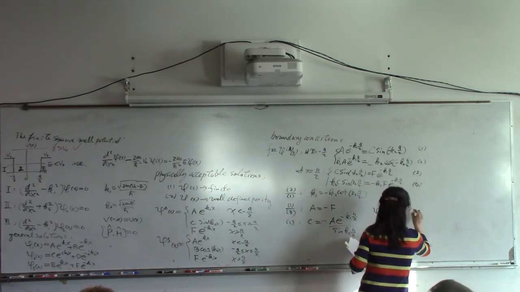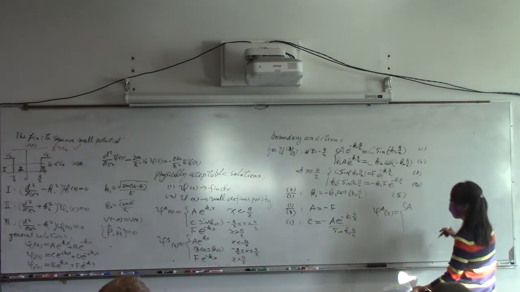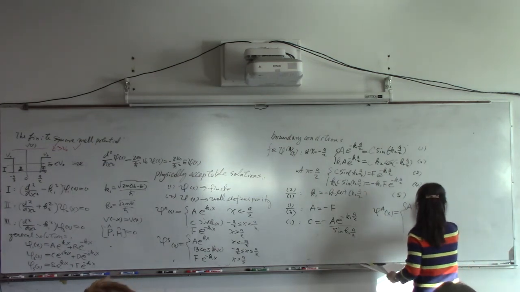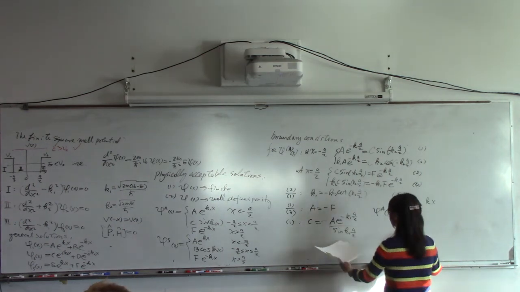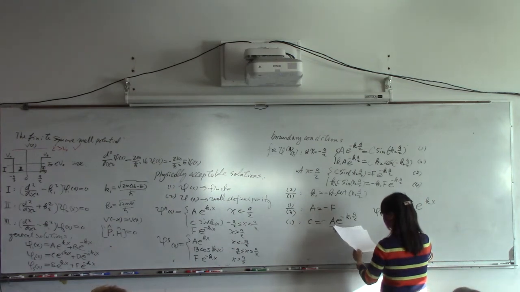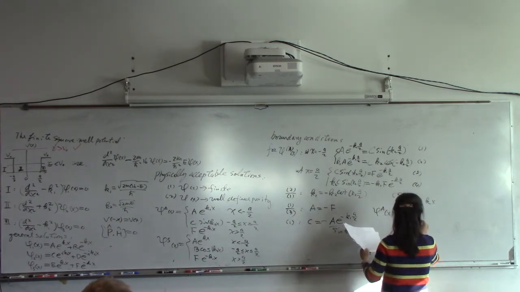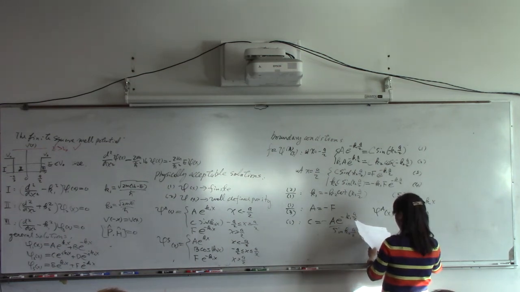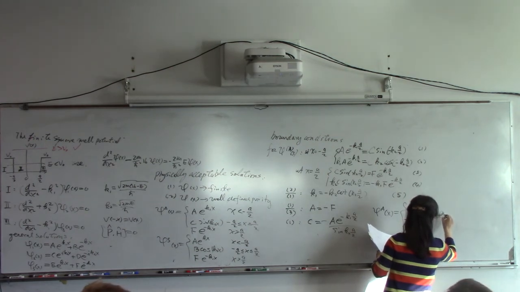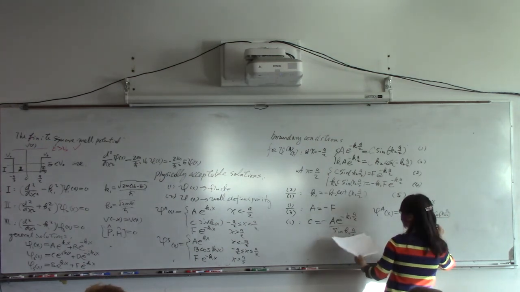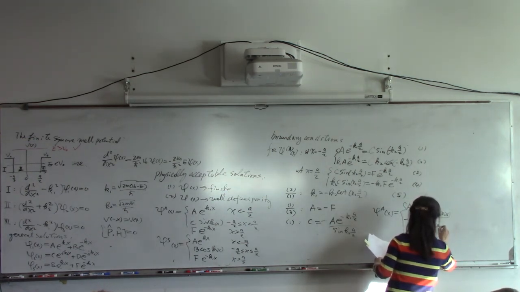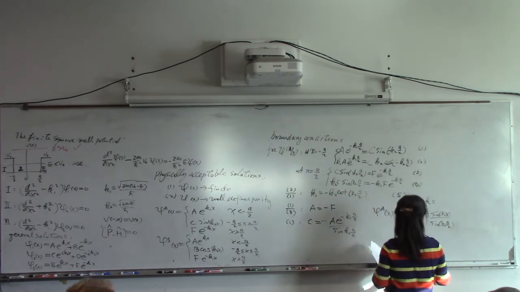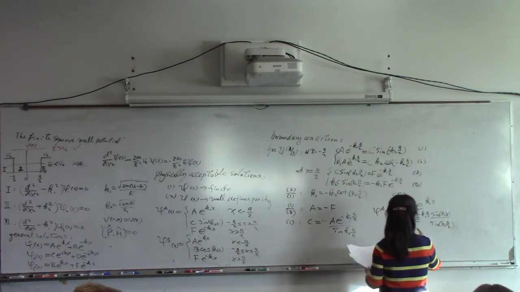Then you are going to determine A by normalization, but that is not serious. We have already the coefficient: C is negative A exponential minus K1 a over 2 divided by sine K2 a over 2, times sine K2 x. That is the middle term, and then F is negative A, right?